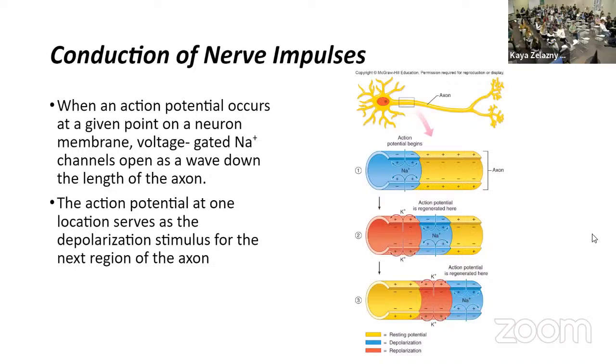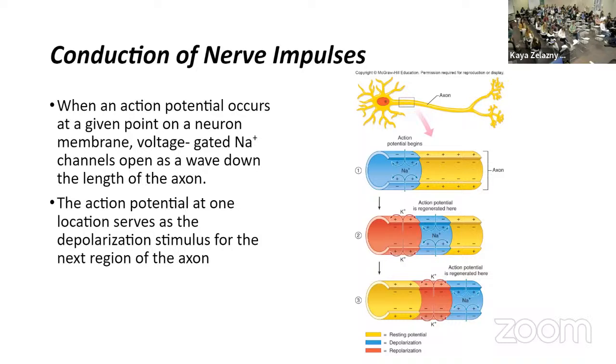So when we say the conduction of nerve impulses, conduction is that movement of the charges down this physical space. Our graphs to this point, including the one that we were looking at in that little practice quiz at the beginning, were looking at just a single patch of membrane over time, what would be happening to the charge, to that membrane potential.